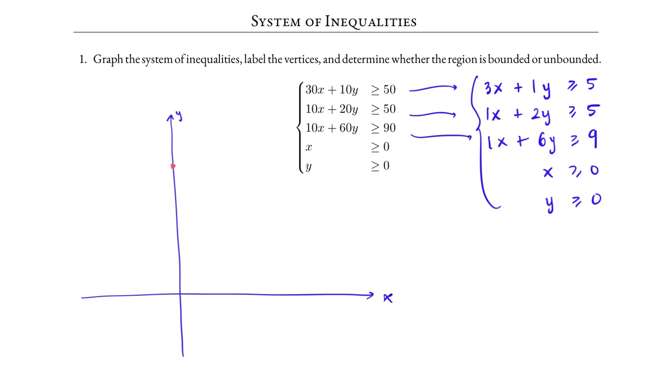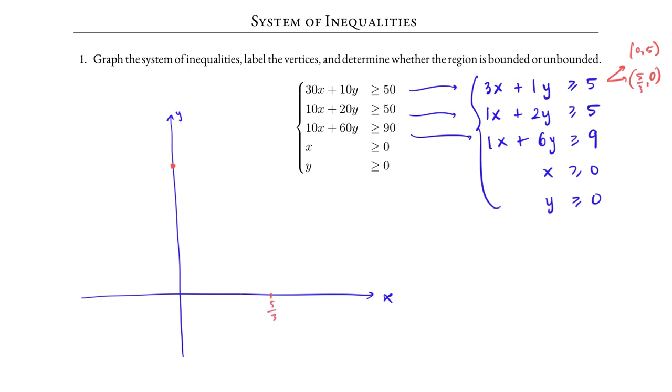And when y equals 0, x is 5 over 3. 5 over 3 is almost 2, larger than 1, and so the x-intercept is somewhere here. So again, when x equals 0, y equals 5, and when y equals 0, x is 5 over 3.